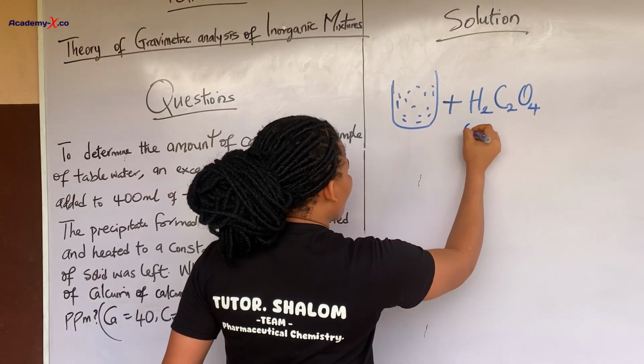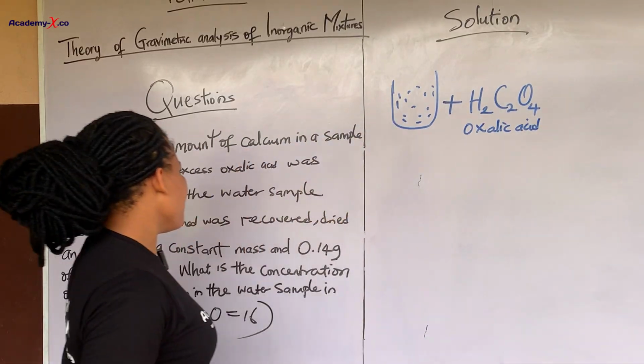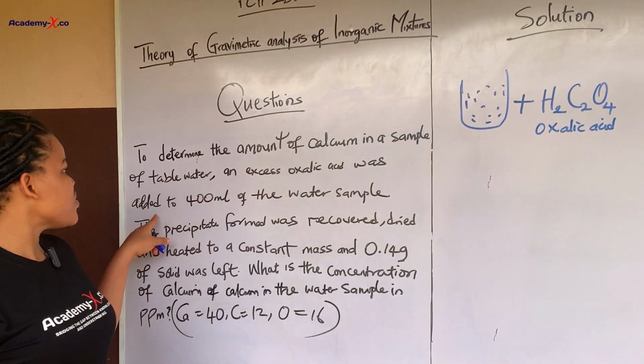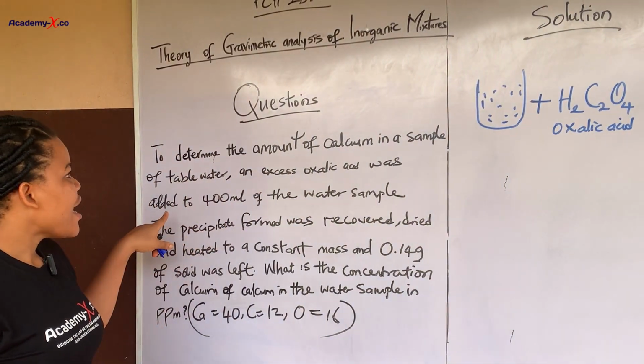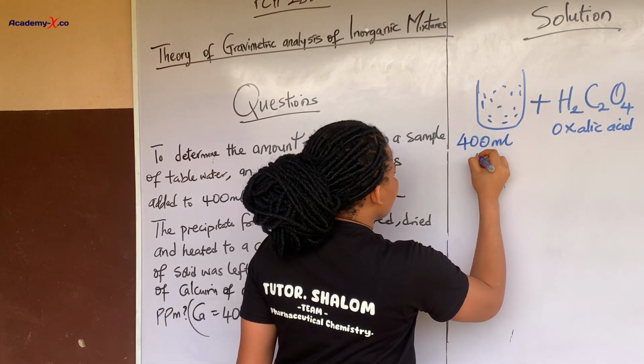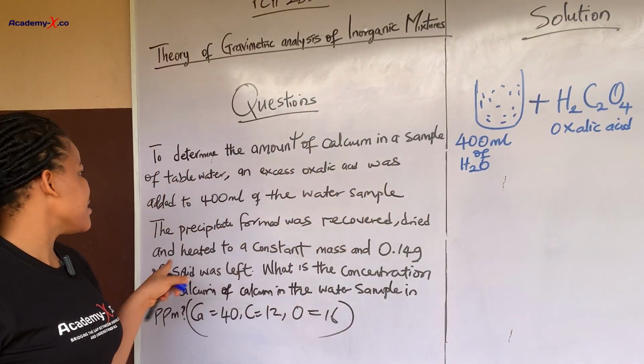This is the formula for oxalic acid. Now, it was added to this table water, and this water is 400 ml of water. Now we added oxalic acid.